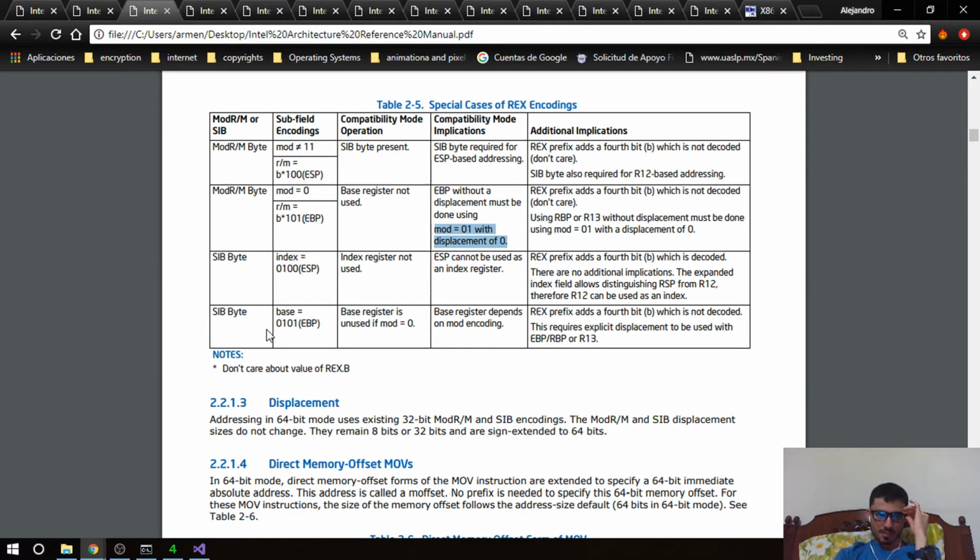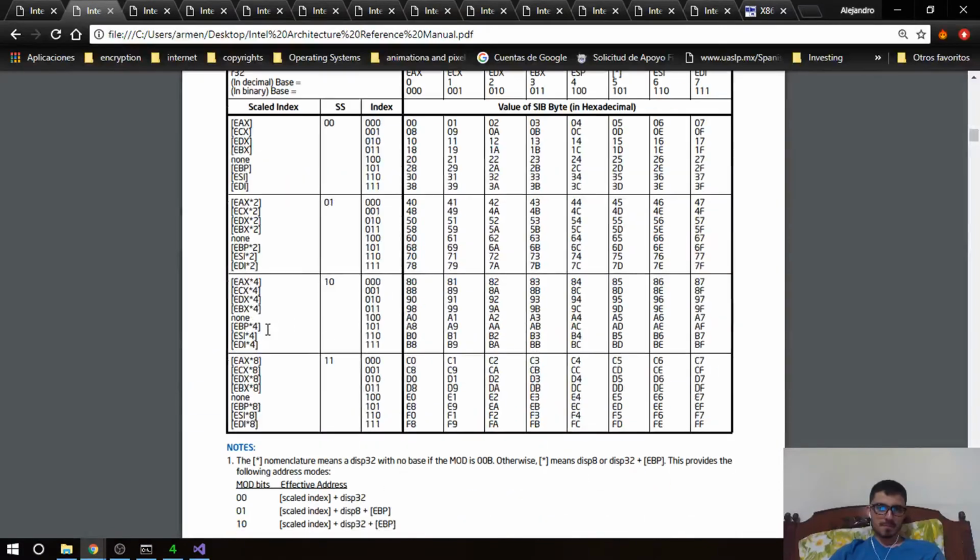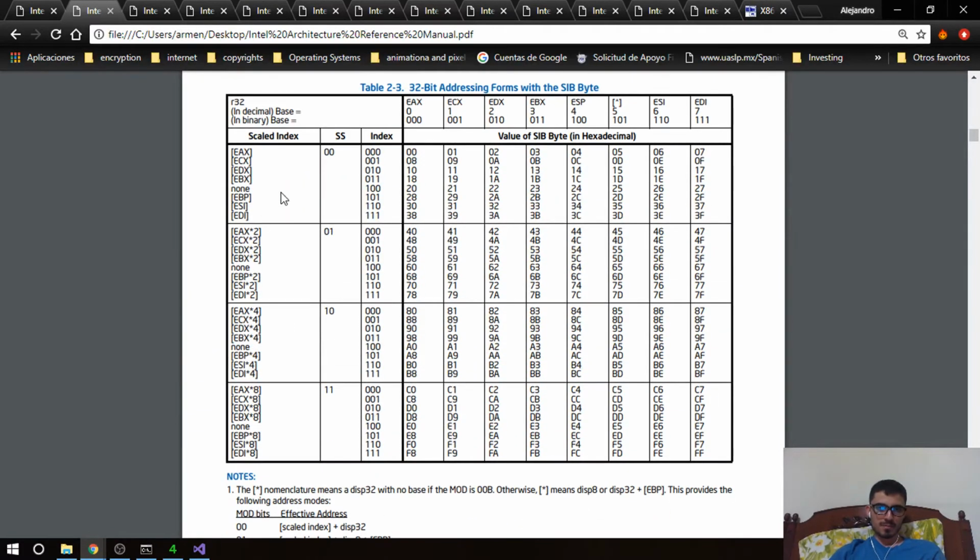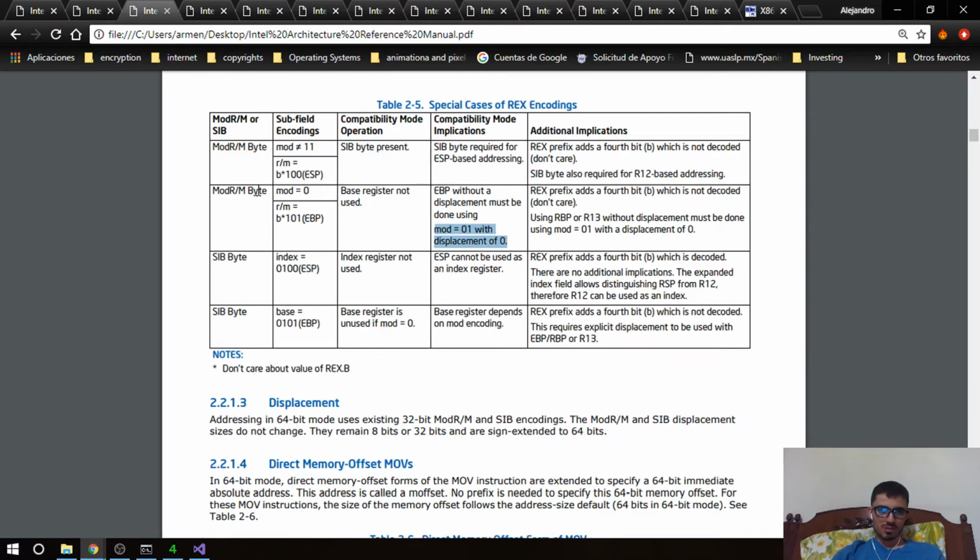That means that we have no scale, or no index used.